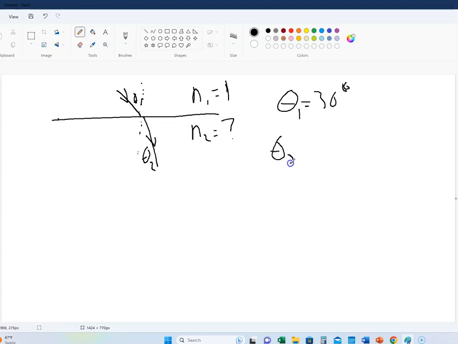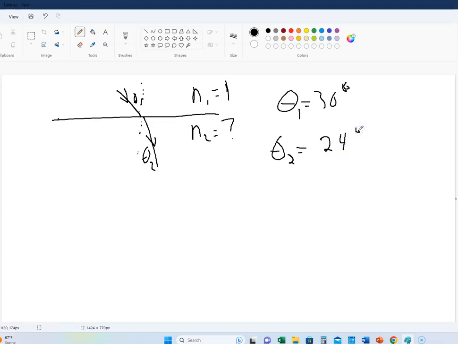Anyhow, this is like you did in lab, or if you haven't done the lab yet, this is what you do. Let's say theta 2 is measured to be 24 degrees.